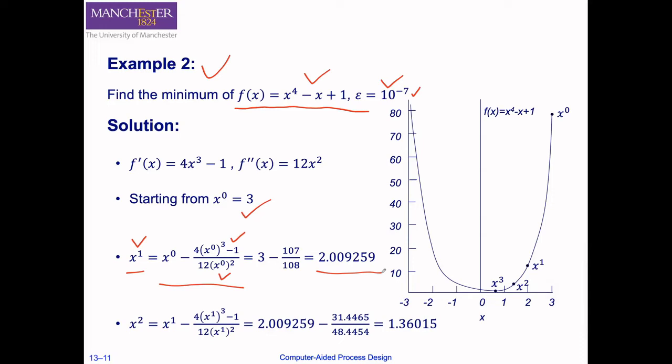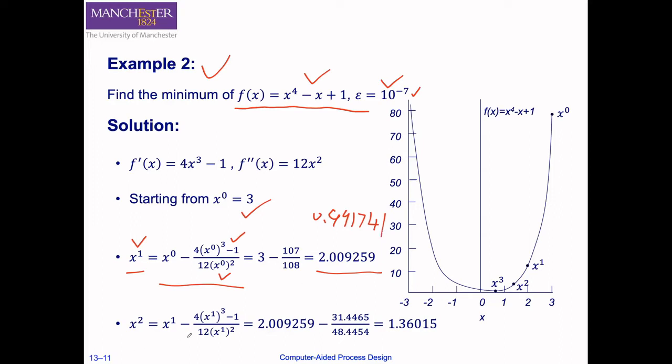Then we can compare the difference between x1 and x0, which is equal to 0.991741. This difference is larger than the specified tolerance. That means we need to continue.